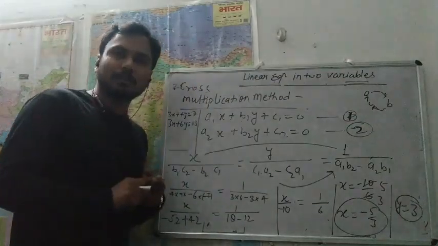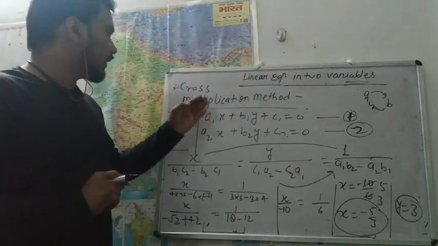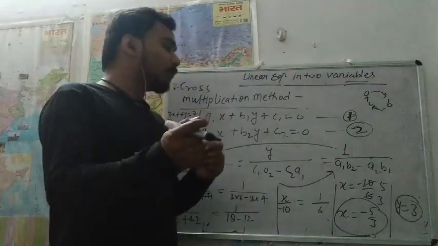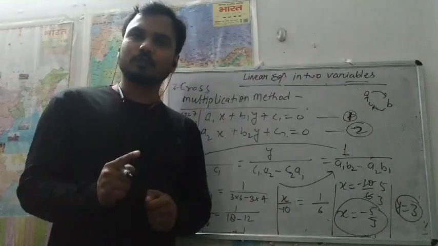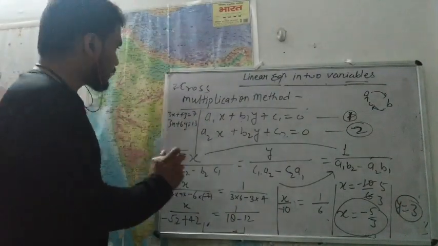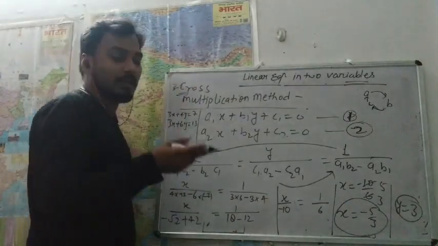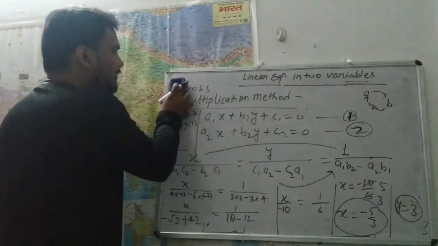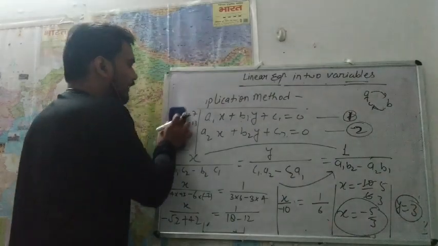So here we have discussed 3 methods. Number 1 was the substitution method. Number 2 was the cancellation method, and number 3 was the cross multiplication method. There is another method, that is the graph method.